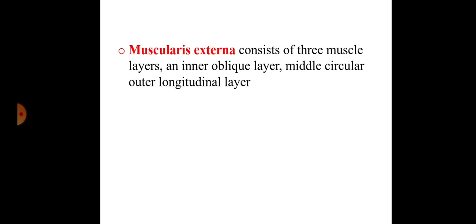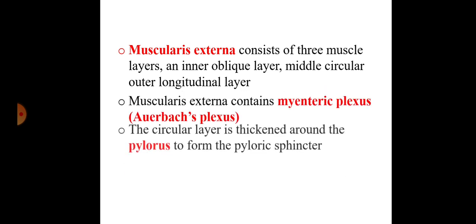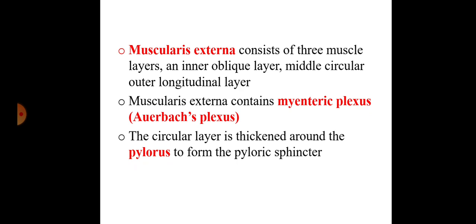The difference is here, in the muscularis layer. In the muscularis layer, the muscle is arranged into 3 layers: inner oblique, middle circular, and outer longitudinal. Between them is located the nerve plexus, the enteric plexus.